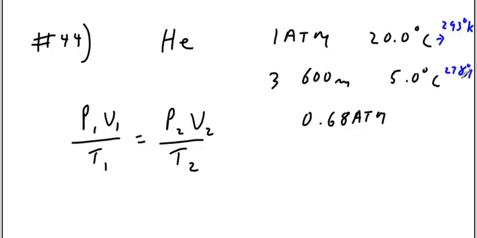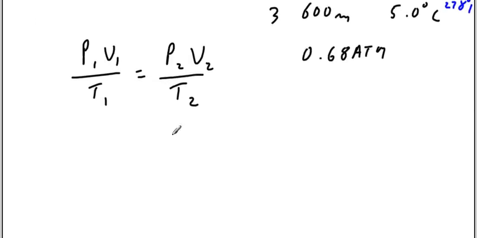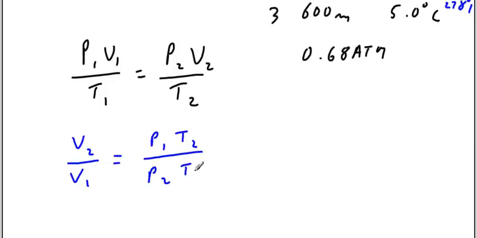Okay, so I have to know that. And I'm comparing, so V2 over V1. I'm going to put V1 on the bottom, so I'm going to have P1 T2 divided by P2 T1.